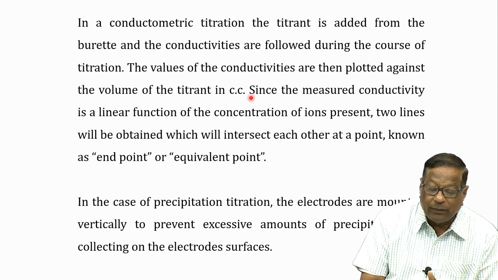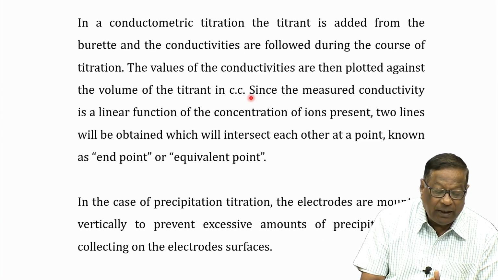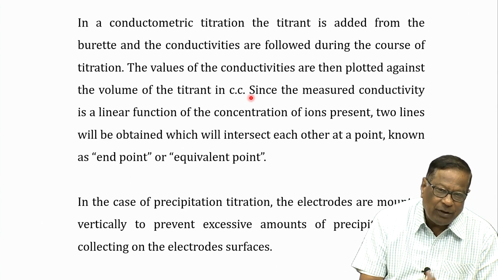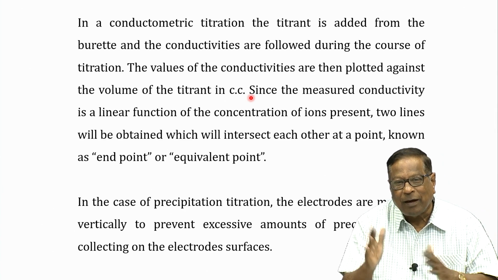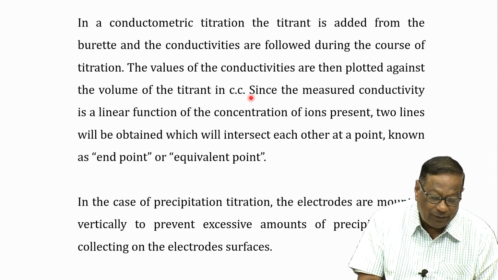The measured conductivity is a linear function of the ions present, and two lines will be obtained which will intersect each other at a point known as the end point or equivalence point. Why do we get two lines? One is before the equivalence point, another is after it. So, the two lines should intersect, and that should be the equivalence point.